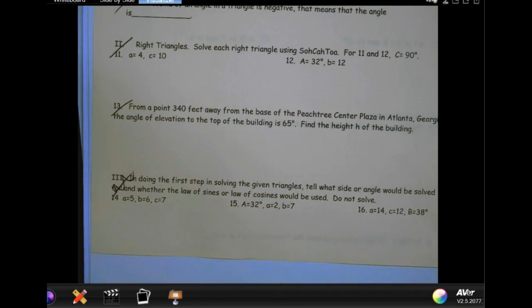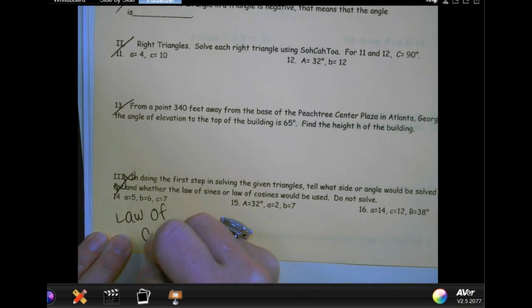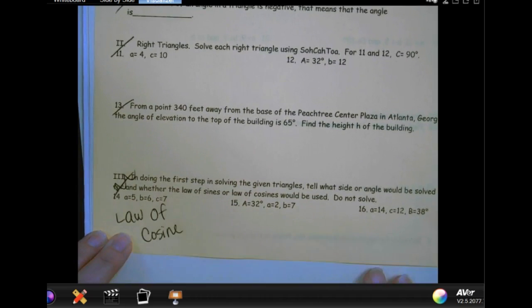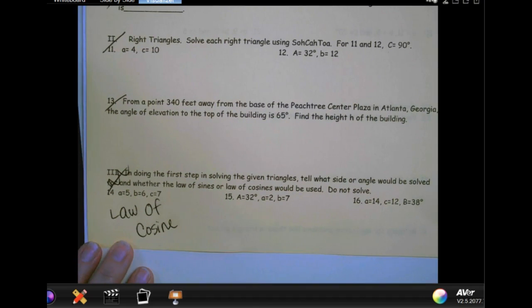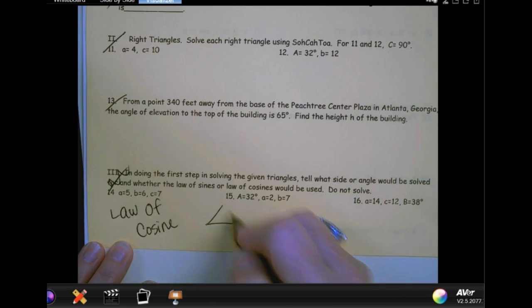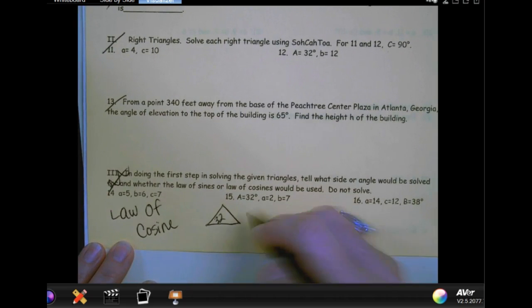3 sides, so it's the law of cosine, right? So, what do I have here? Did you draw it and look? I know I'm right.